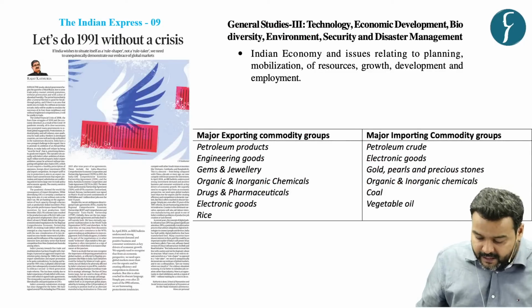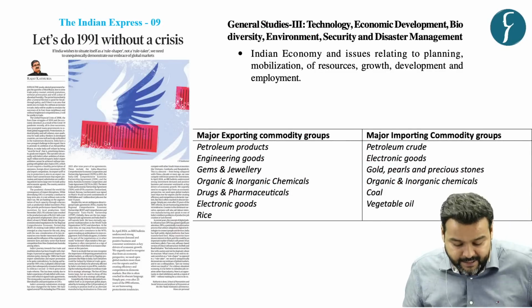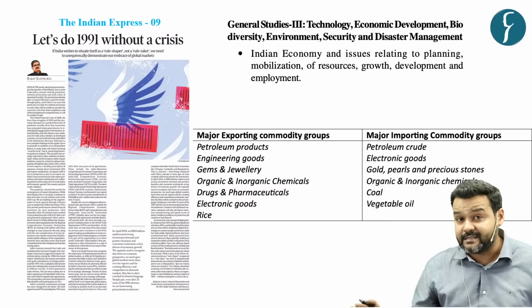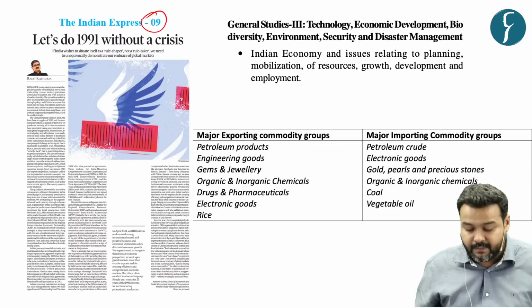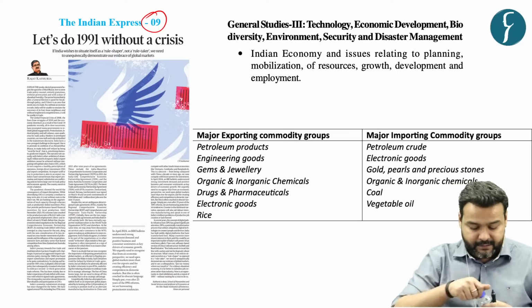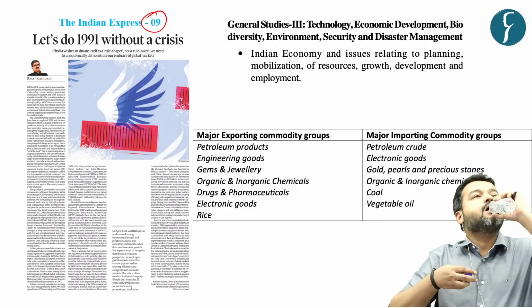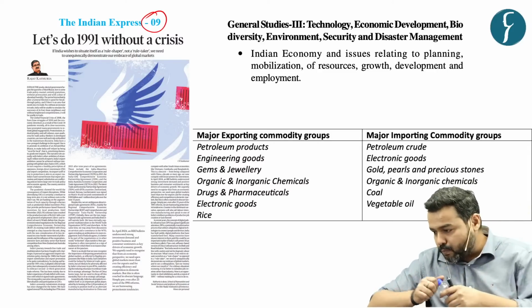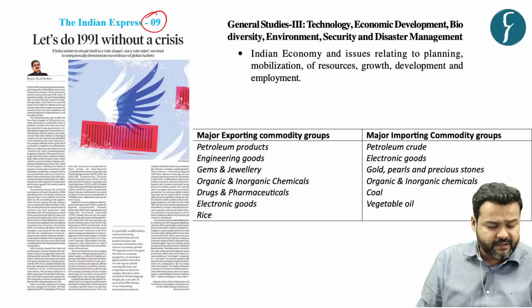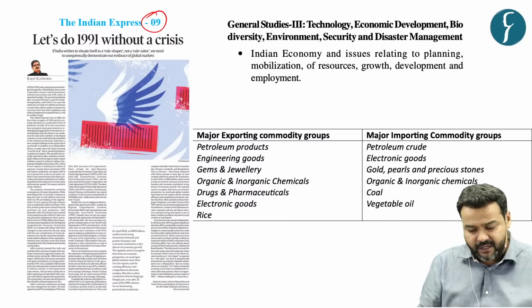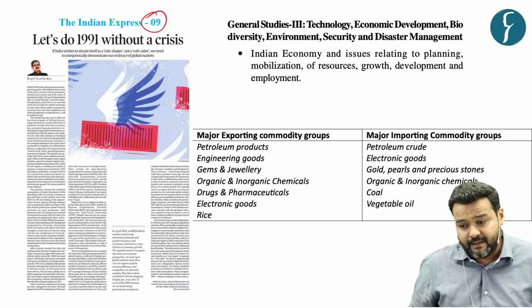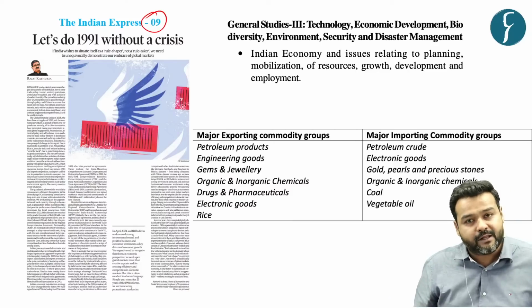Let's come to the third article of today's session, and it reads, let's do 1991 without a crisis. And it appeared on page number 9. So in this article, the author is saying that India is pushing hard to achieve self-reliance, the vocal for local, Atmanirbhar Bharat.